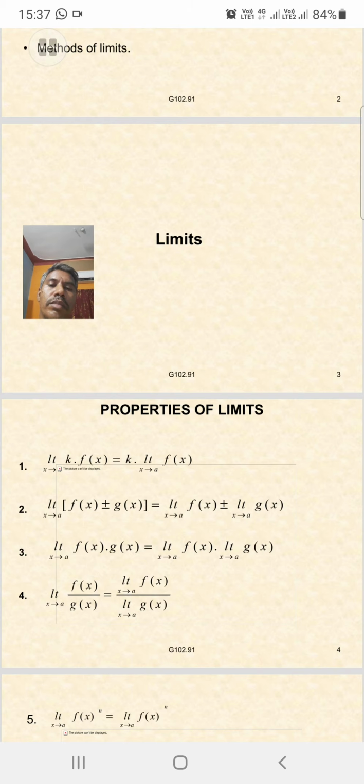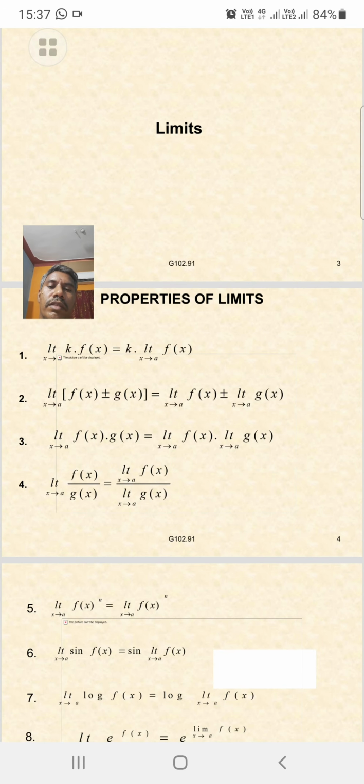There are some simple properties, as we know, from earlier school age, in the tenth or ninth standard, we know some limit problems or limit properties.